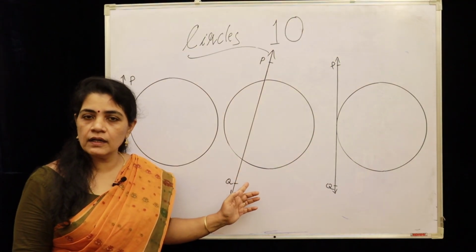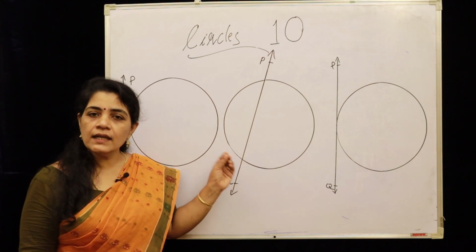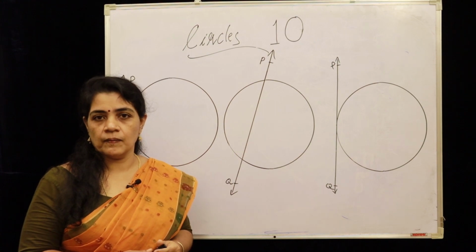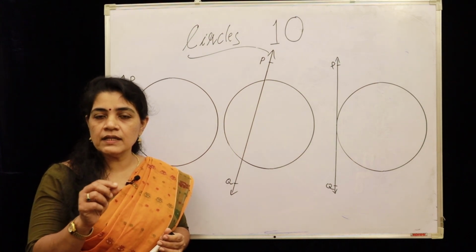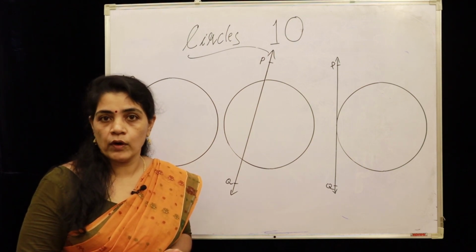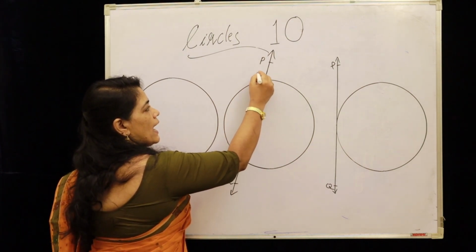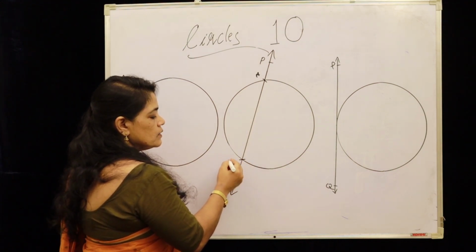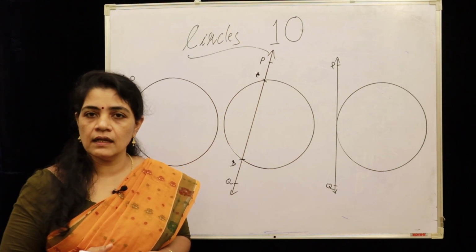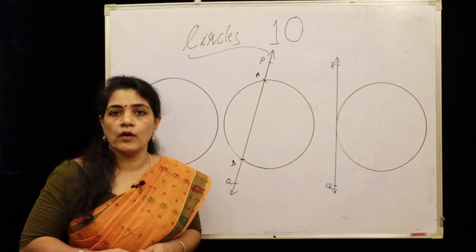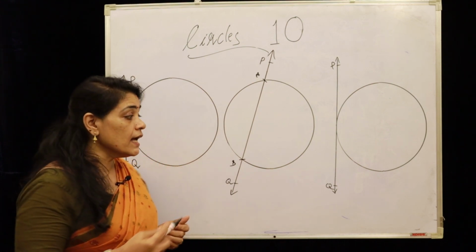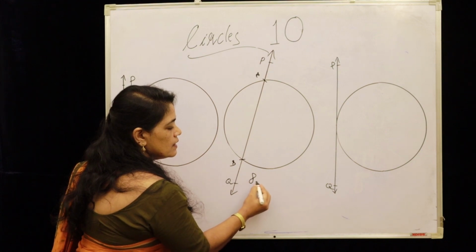In the second figure, this line PQ intersects this circle at two distinct points. Intersects means both the line and the circle have a common point. Let them be A and B. So, this line is called the secant of a circle.